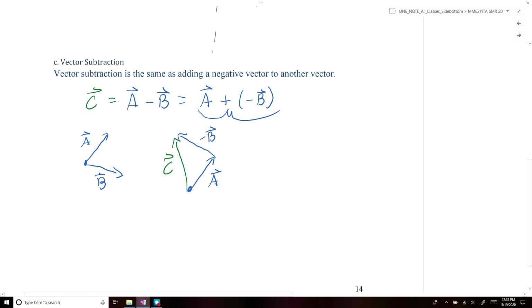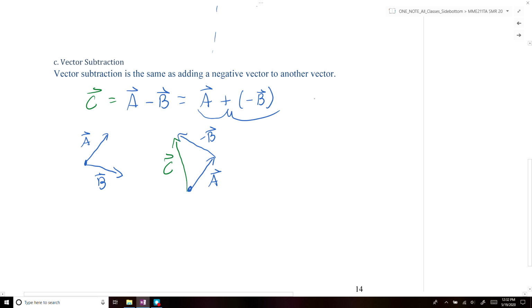Now, the one thing I will point out is the order in which you do this does matter, and the negative sign on which vector does matter.